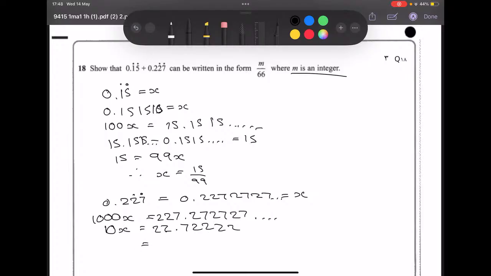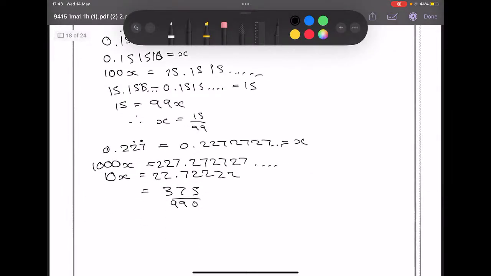Now subtracting them would give us 375 over 990.